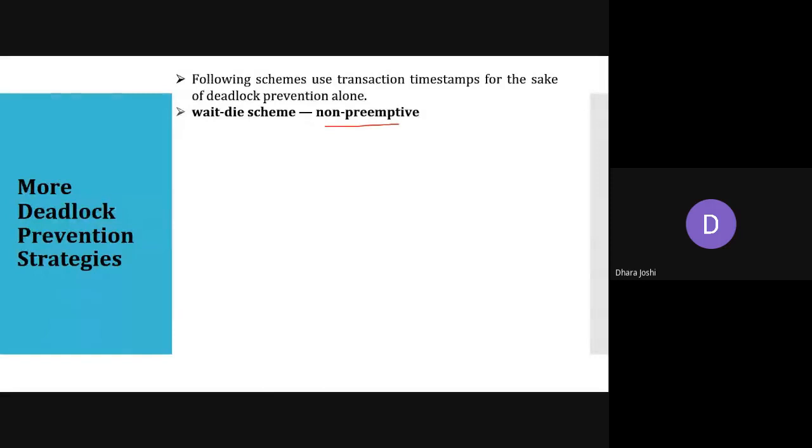Preemptive is like, two transactions are there, transaction T1 and T2. We are taking the same simple example: A is acquired by T1, and B is acquired by T2. T1 is waiting for this.